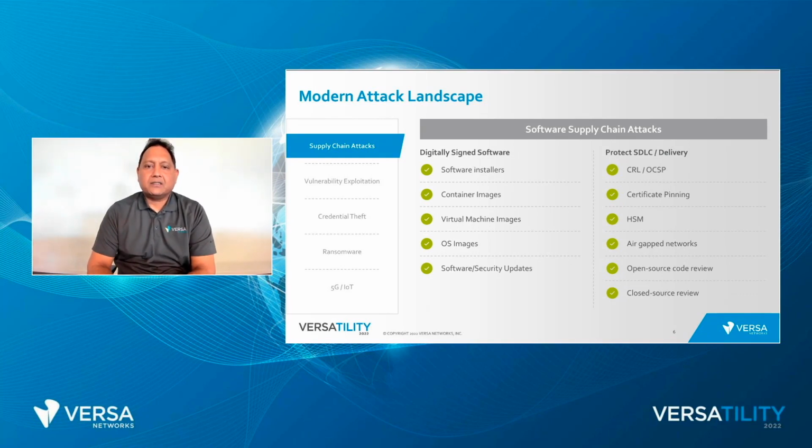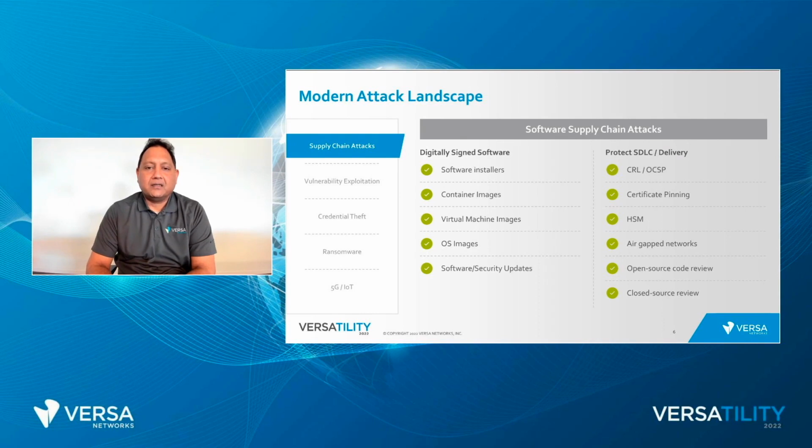So to defend against software supply chain attacks, the first layer of defense would be to enforce digitally signed software. All of the software that the software supplier ever provides to any customer needs to be digitally signed using X.509 certificates and such. And this doesn't apply to just any one piece of software, but to pretty much any software installers or upgraders, any kind of software security updates, any sort of software images, whether OS images or virtual images or container images.